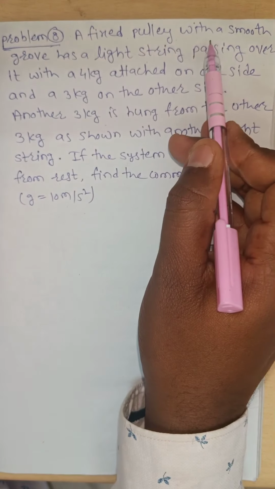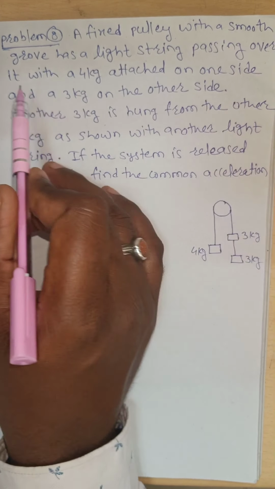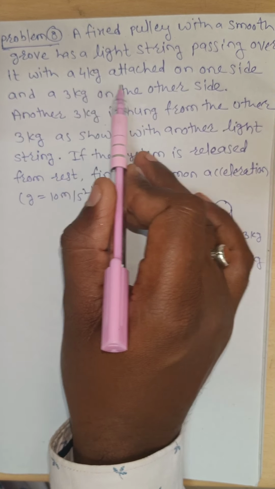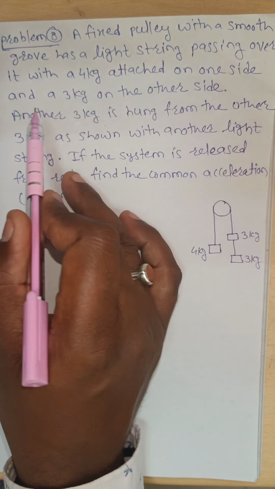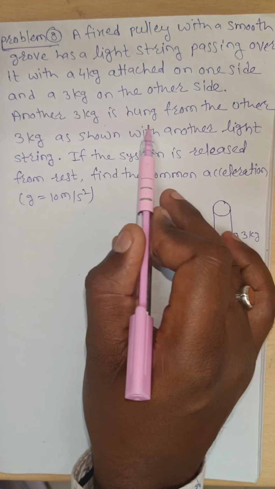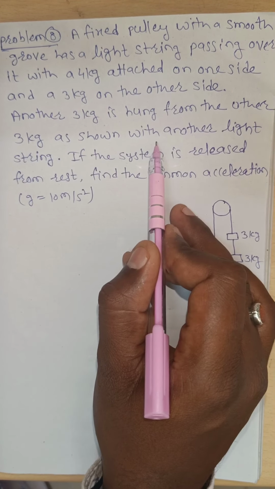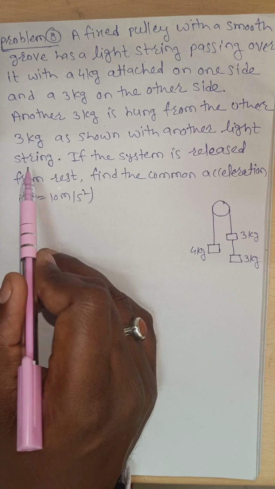Now problem number 8. A fixed pulley with a smooth groove has a light string passing over it with 4 kg attached on one side and 3 kg on the other side. Another 3 kg hangs from the other 3 kg as shown with another light string.